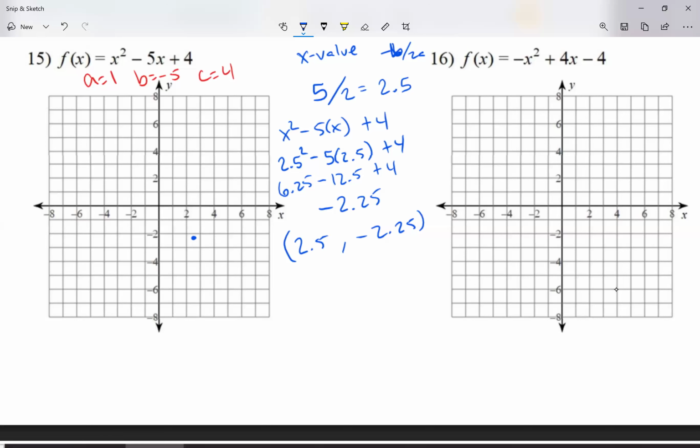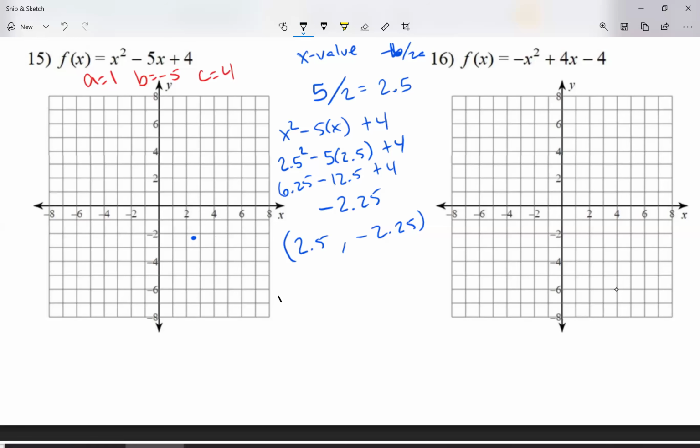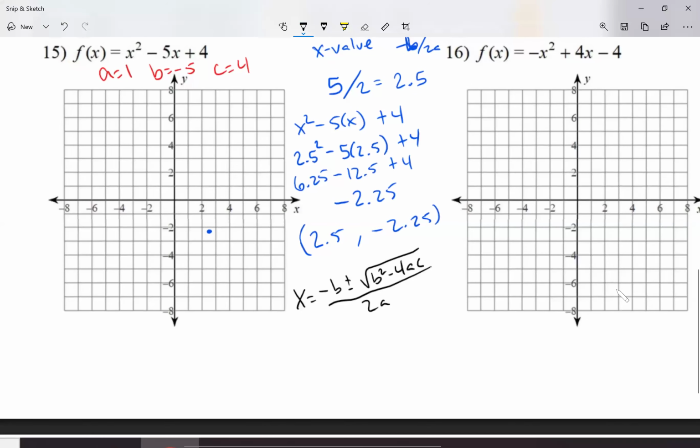Now, what are my x-intercepts or my zeros? We can call it either way. Now, I remembered the quadratic formula. Remember, x is equal to -b plus or minus the square root of b squared minus 4ac, all over 2a. That's going to give me my two x-intercepts. The discriminant, the square root part, that's the hard part. So I'm just going to look at b squared minus 4ac, and then I'll get the square root of that.